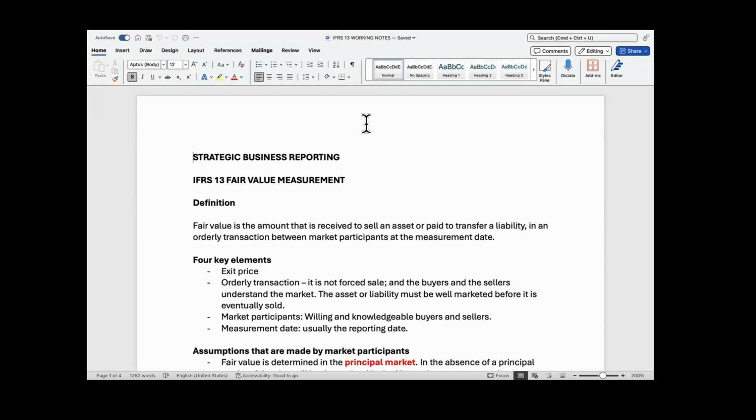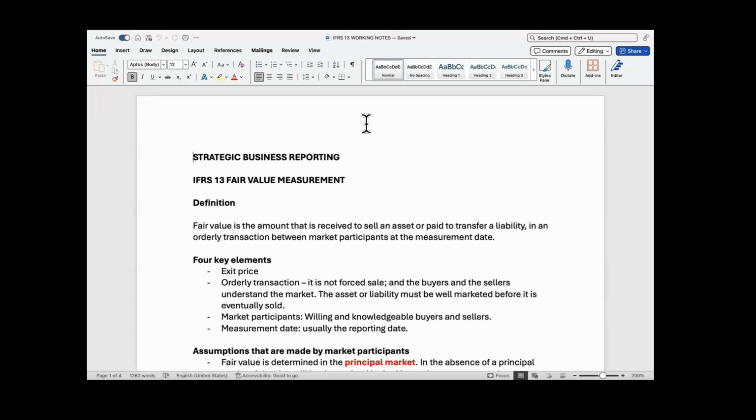So anywhere, anytime you hear about fair value, it is this standard that dictates or determines how we determine fair value.